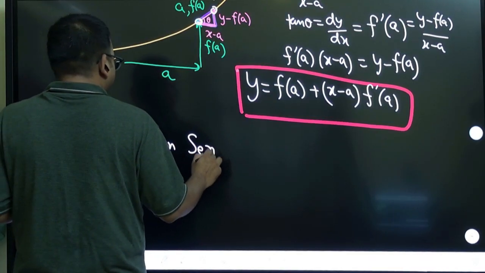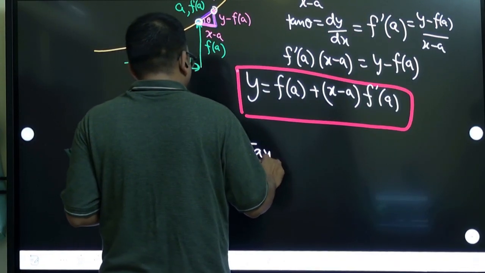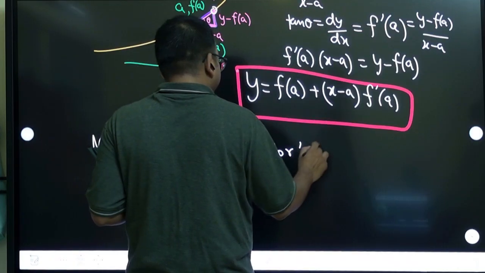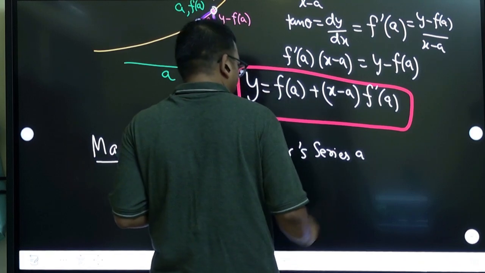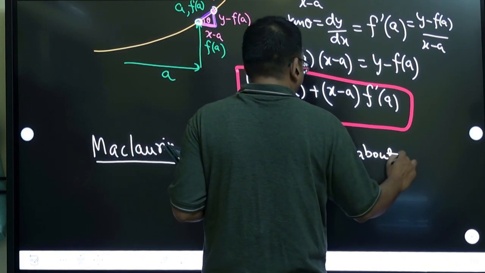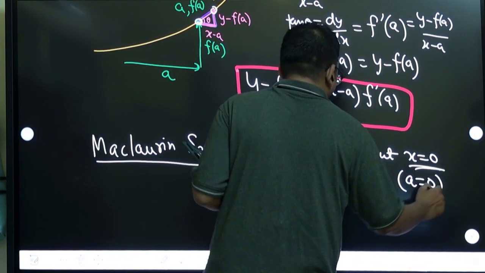Maclaurin series is nothing but the Taylor series about x is equal to 0. That a has become 0 here. Okay, note that.